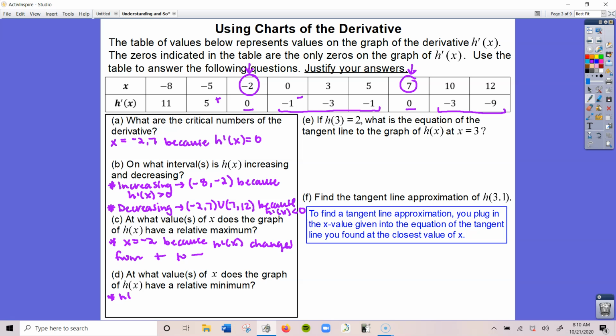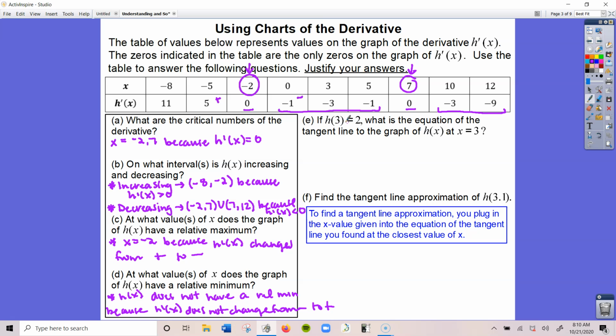Therefore, h of x does not have a minimum because h prime of x does not change from negative to positive. Even if you do not have any minimum or maximum, or it's never increasing or decreasing, you still have to state the reason why that does not exist.